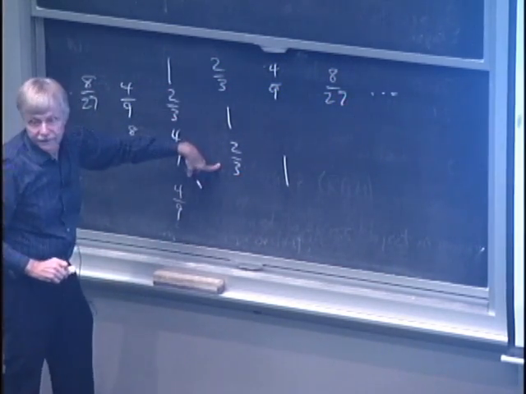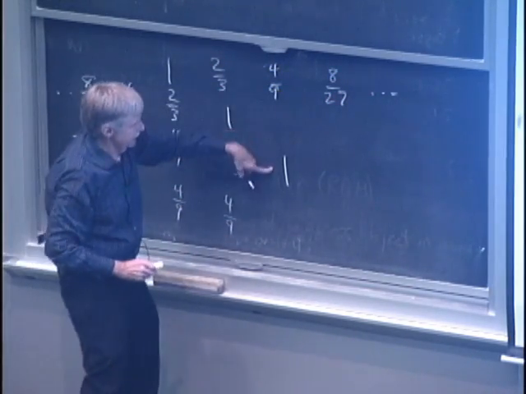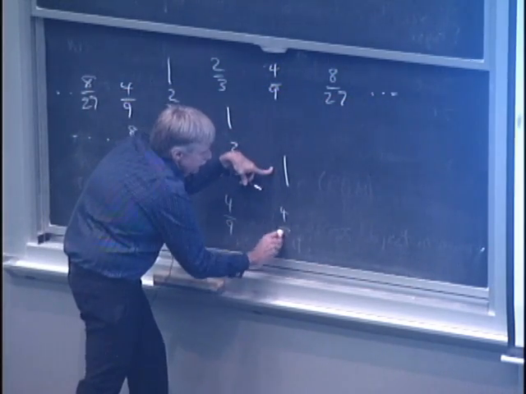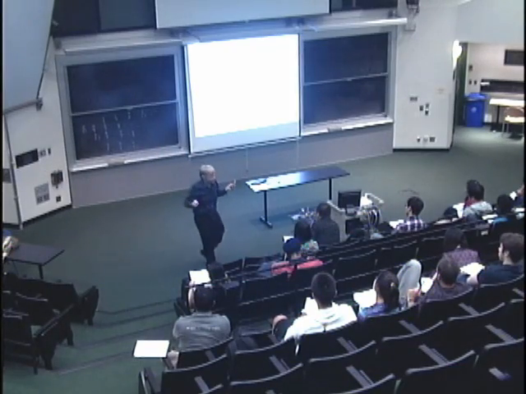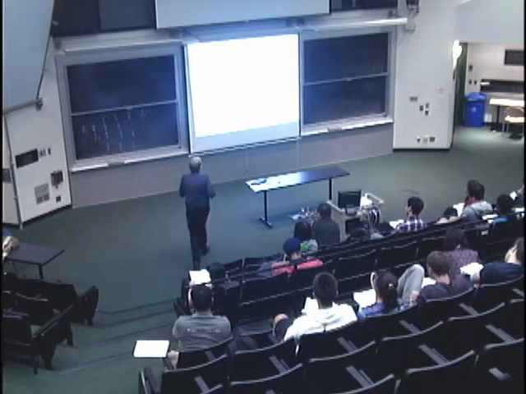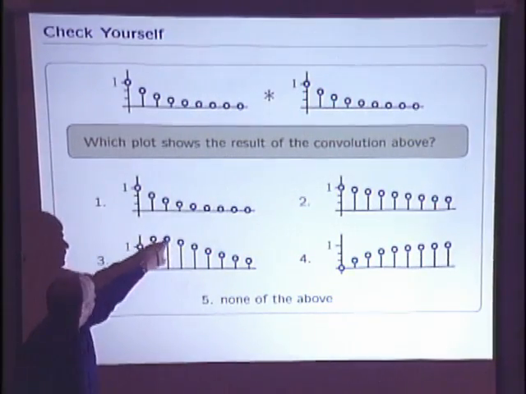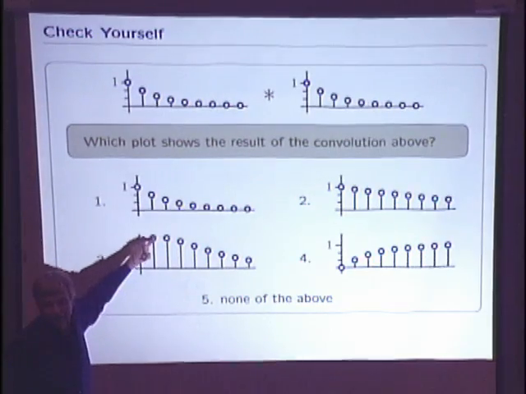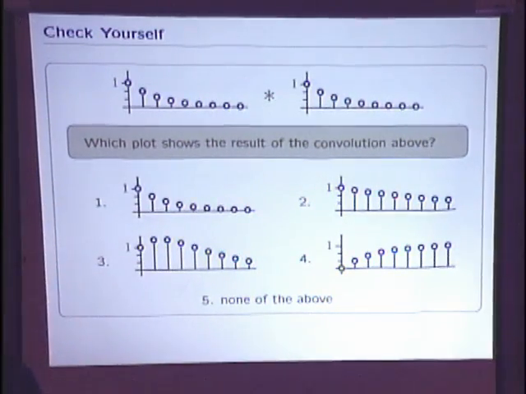Multiply 2/3 times 2/3, I get 4/9. Multiply 4/9 times 1, I get 4/9. The answer to the sum of those is 4/3. So I get 1, 4/3, 4/3. So you can see it's tracing out this waveform so far. This is the only one that has up and then flat. And if I continue that process, it'll start to fall off.